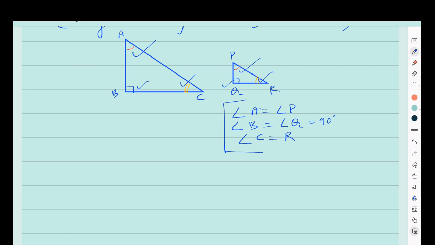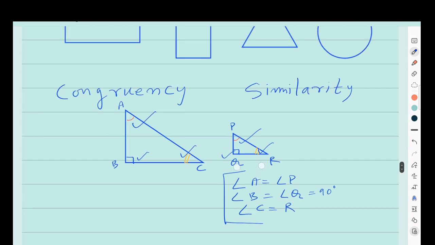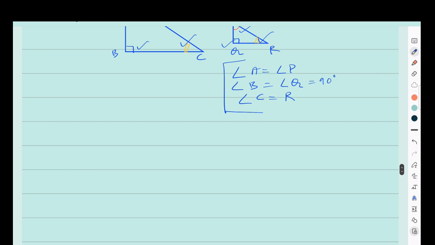Let us go forward and consider another thing which is called congruency. When two triangles are congruent, there are basically two things here which we generally look for.